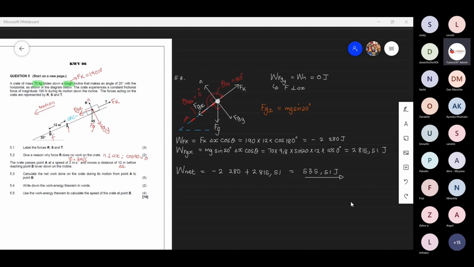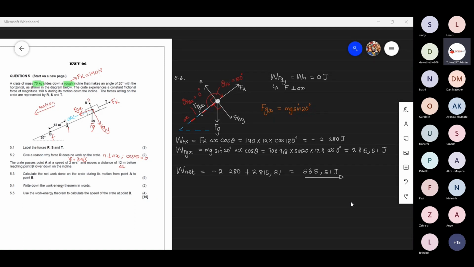Why is displacement going down and not up this time? Okay, so Mallory, displacement is going down because the object is moving down. Displacement is dependent on the direction of motion. So if the object goes up the incline, displacement is going to be up the incline. If your object is going down the incline, displacement is going to be down the incline.